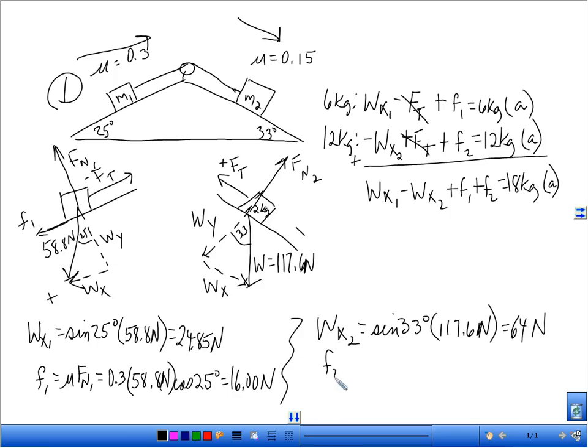And my friction 2 is going to be mu times my force normal 2. My mu is 0.15. My force normal 2 is going to be 117.6 newtons times the cosine of 33. So when I do that, I'm going to take 0.15 times the cosine of 33 times 117.6, and I'm going to get 14.8 newtons for my friction.